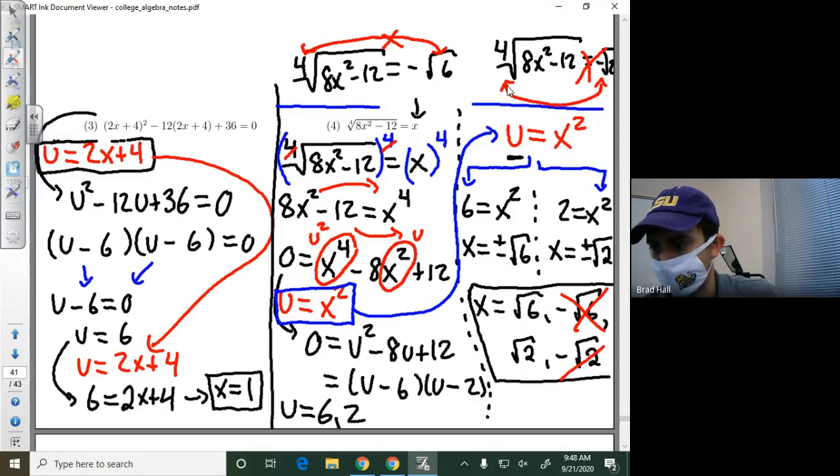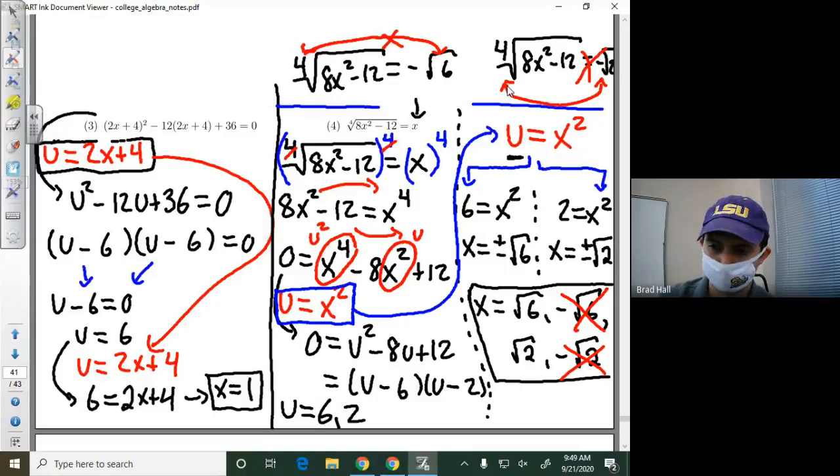So that means we would toss the negative square root of 2. And now we only have 2 answers, because we tossed the extra solutions. This one's a little bit tricky for that reason, but primarily this is the process for handling it.